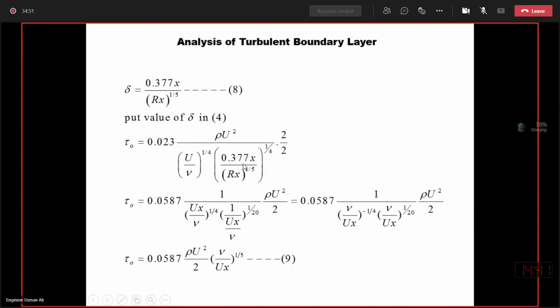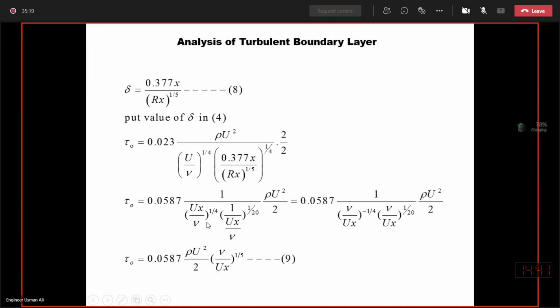So we have put the value of del here, multiply and divide by 2, so we get 0.0587 into rho u square by 2, and the remaining same term will come. This will be rho ux over nu power 1 by 4, because in this expression x power 1 by 4 can be joined with this term.